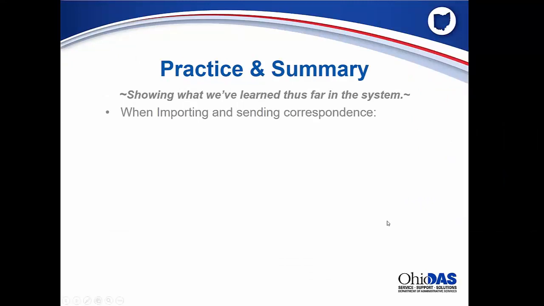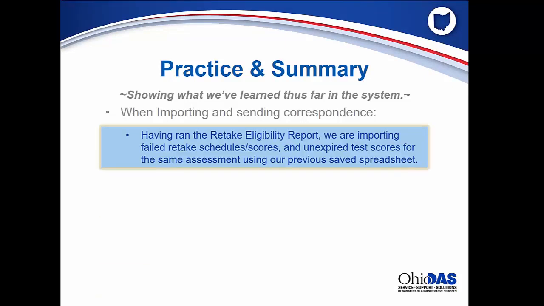All right, so when importing and sending correspondence, just some reminders. Having run the retake eligibility report, we're importing failed retake schedules and scores, and we're also importing unexpired test scores for the same assessment, same examinations, using that previously saved spreadsheet that we saved after the retake eligibility report.